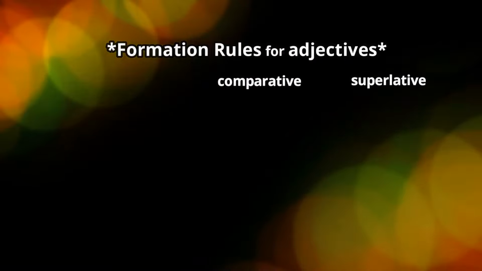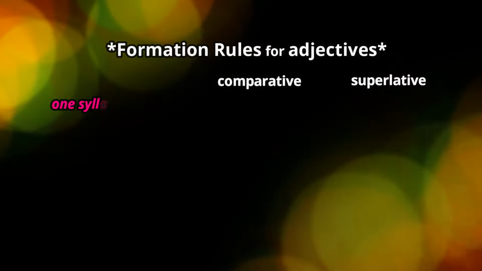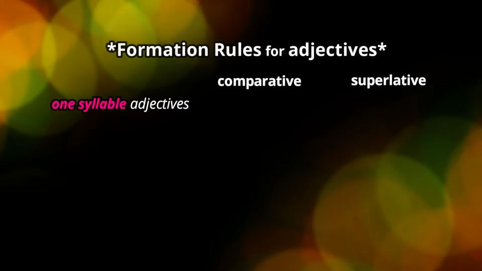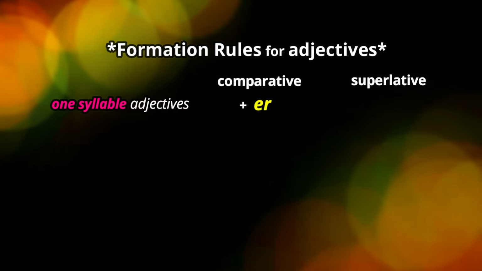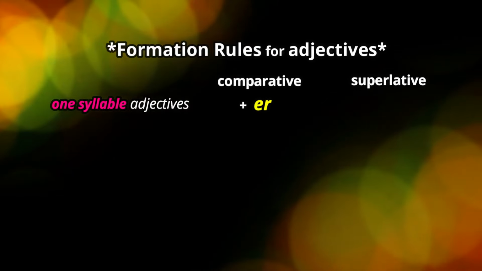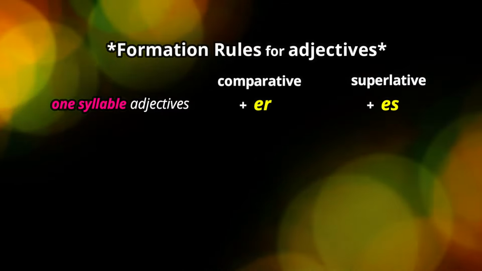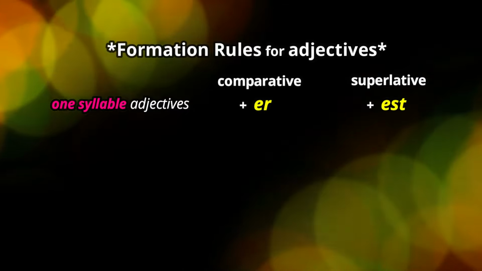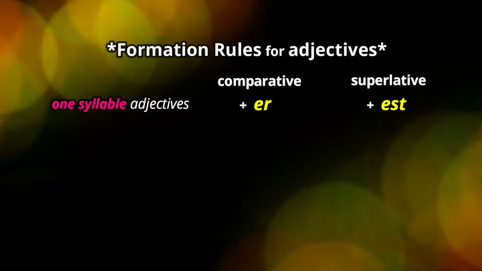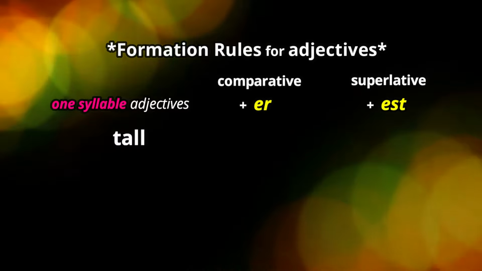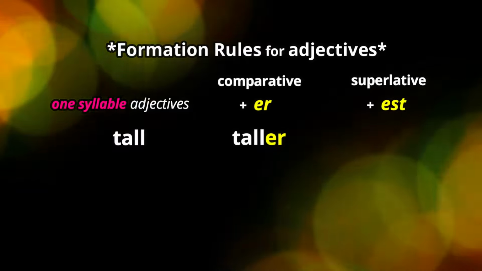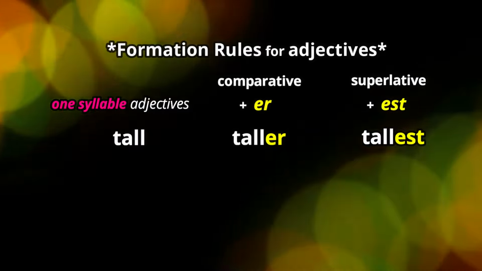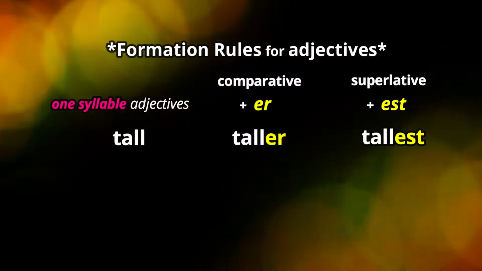So let's see, most of the time, one syllable adjectives form the comparative by adding ER and the superlative adjective by adding EST. Let's take a look at this. So the adjective tall, all right, the comparative is taller. The superlative is tallest. All right, this is one syllable, right?